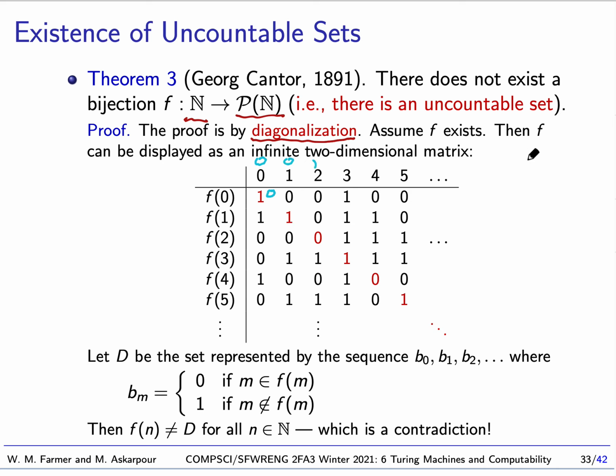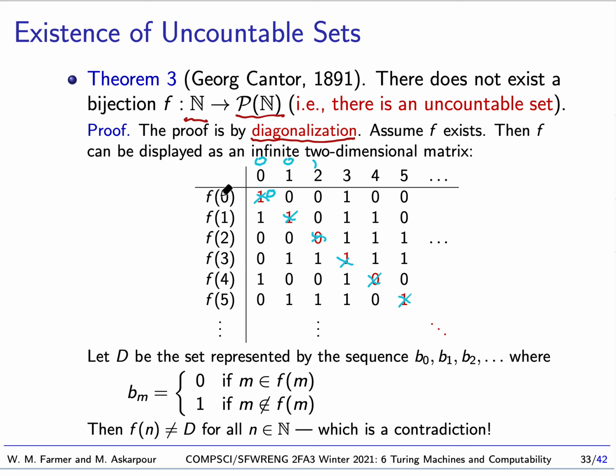So I can write what it is. Now the interesting thing is that beta m differs from f of 0 right here. It differs from f of 1 right here because I've always changed whatever f of 1's point there to the opposite. It differs from f2 here, it differs from f3 here, it differs from f4 here, and so forth. It differs with all of these.